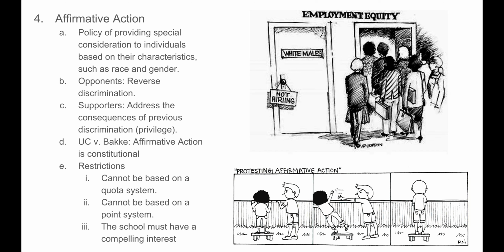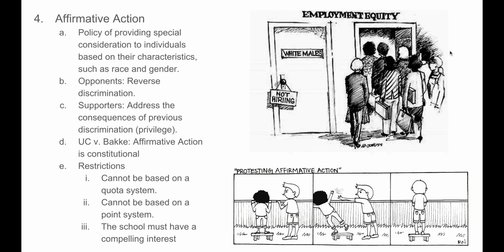So another way to think about this is if there's a tie between a white candidate and a Black candidate, the tie goes to the individual with less privilege, and in this case, the Black candidate.